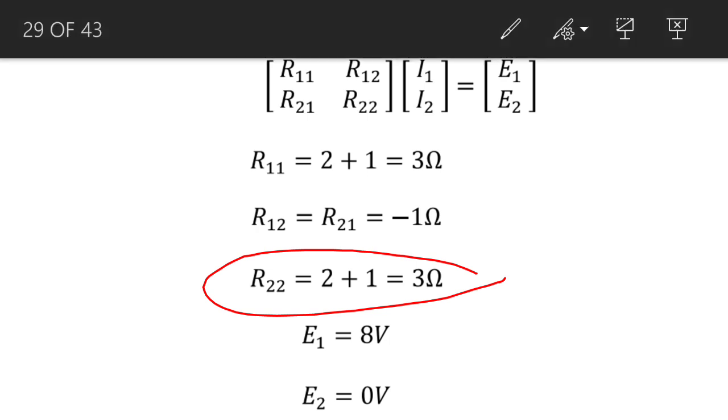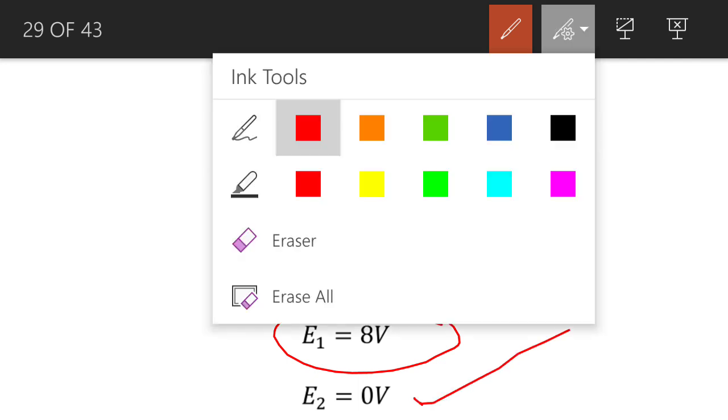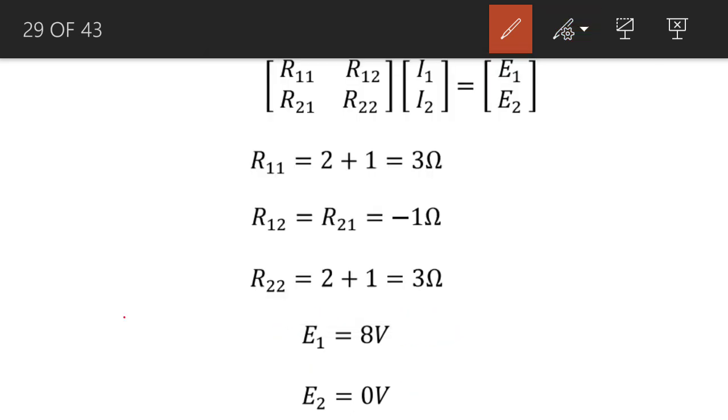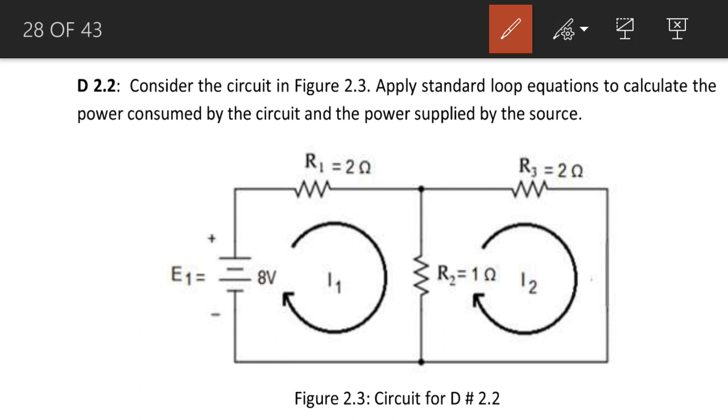Now we are going to find out E1 and E2. E1 is the total voltage in loop number 1 and E2 is the total voltage in loop number 2. So you see there is only one source in the entire circuit, and that source is located in loop number 1. And if we consider the direction of the loop current I1, the voltage across this source is a voltage rise.